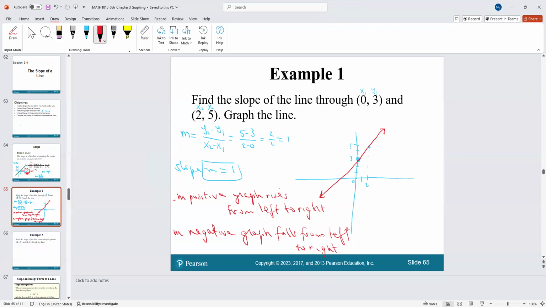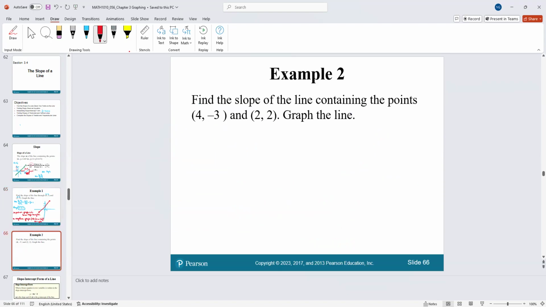That means the difference between the y's over the difference between the x's. Now, once you compute the slope, if this slope is positive, then the graph rises from left to right. If the slope is negative, the graph falls from left to right.